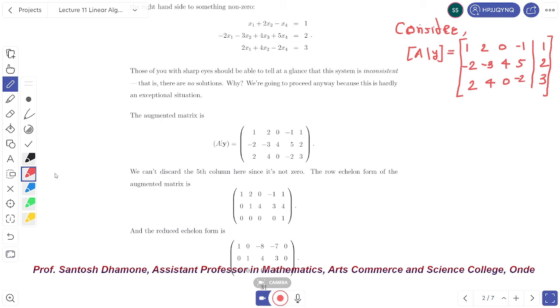For row 2, with R2 plus 2R1: minus 2 plus 2 is 0, minus 3 plus 4 is 1, 4 plus 0 is 4, 5 minus 2 is 3, 2 plus 2 is 4.